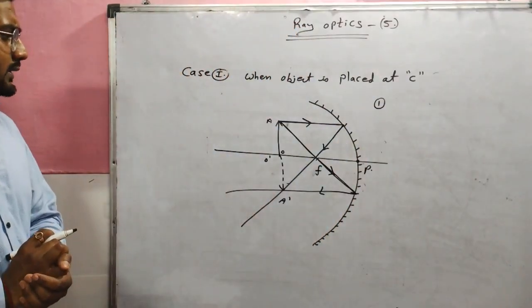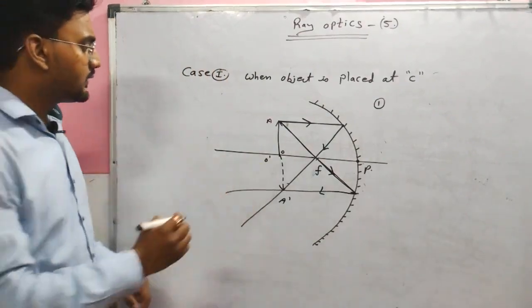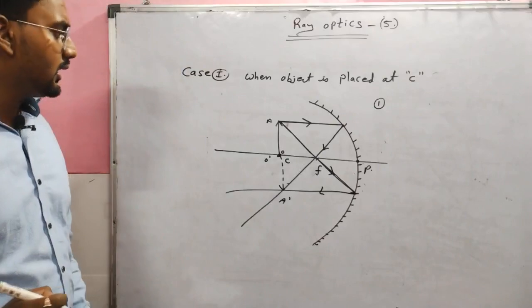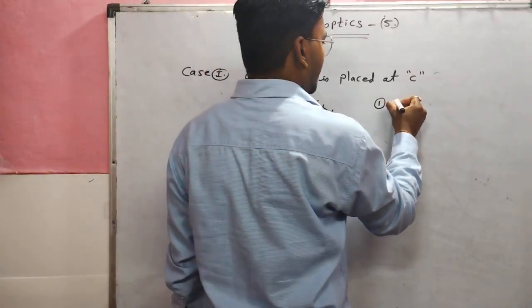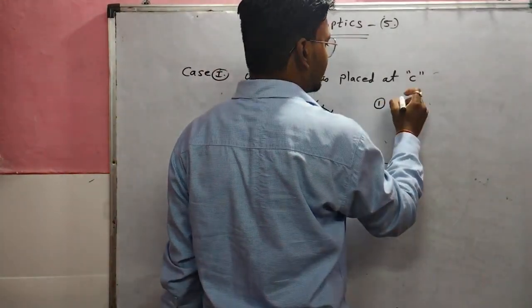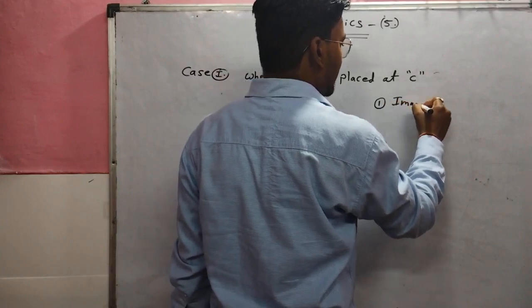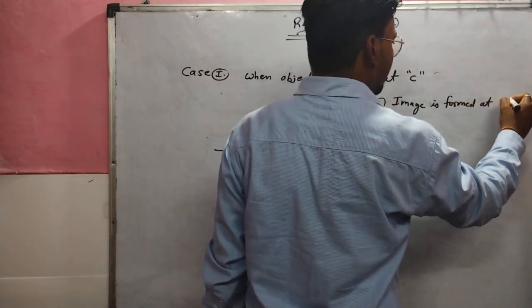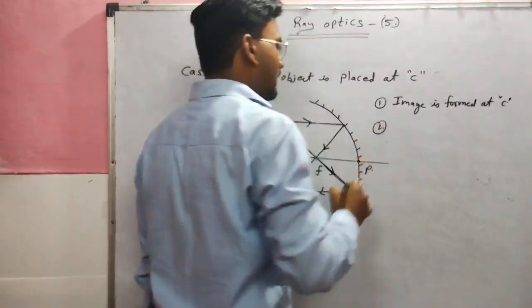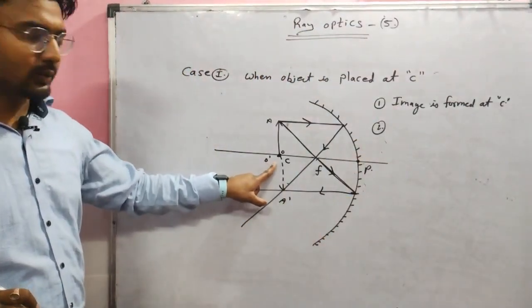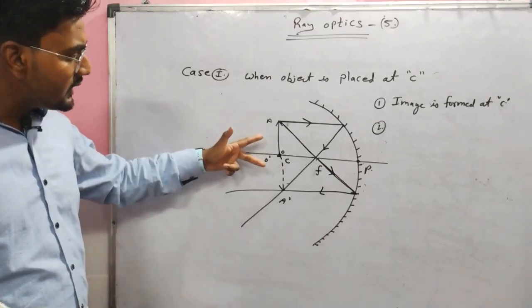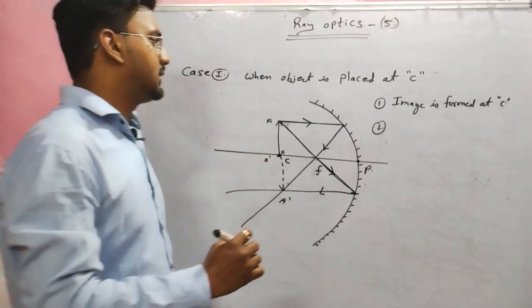So first of all, we see that the image is formed at center of curvature. This is the point of our center of curvature. So first write, image is formed at C. Okay, and another point is the size of image is equal to the size of object.